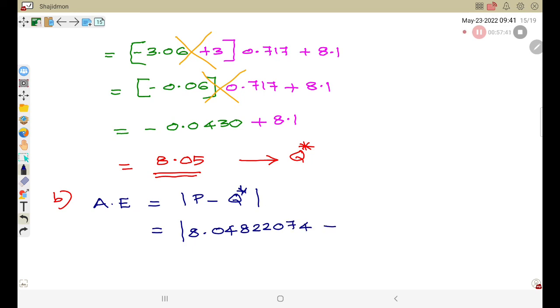Minus the approximate value we just got, 8.05. So the answer, with 3-digit chopping, is 1.77 multiply 10 power minus 3. I hope it is clear to you.